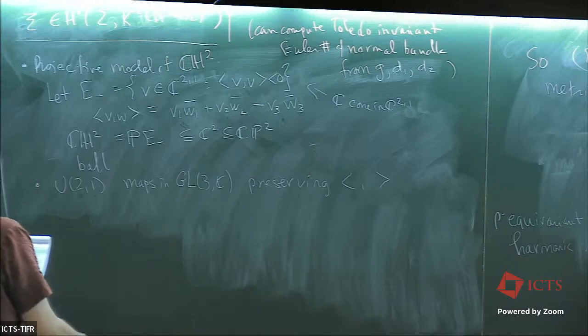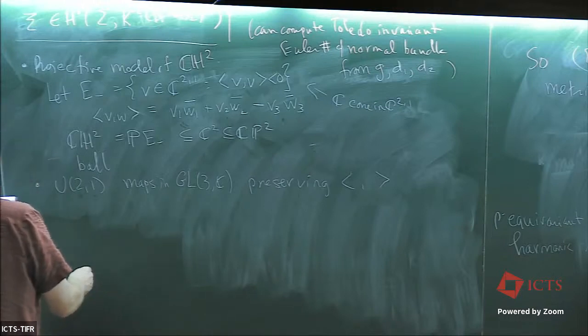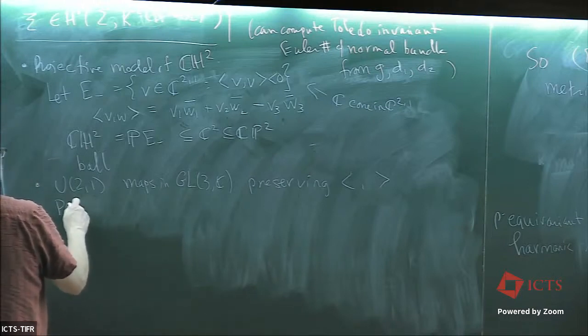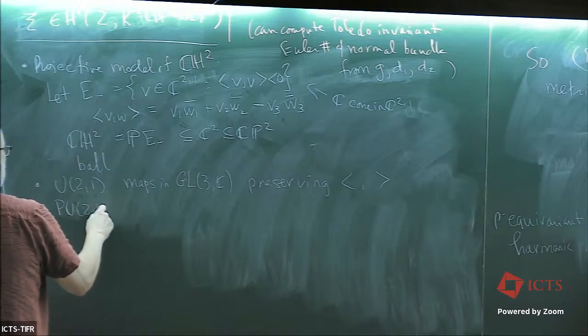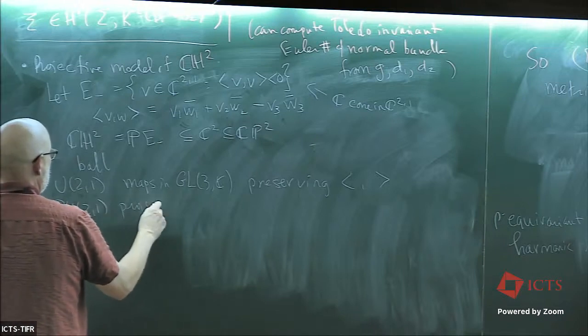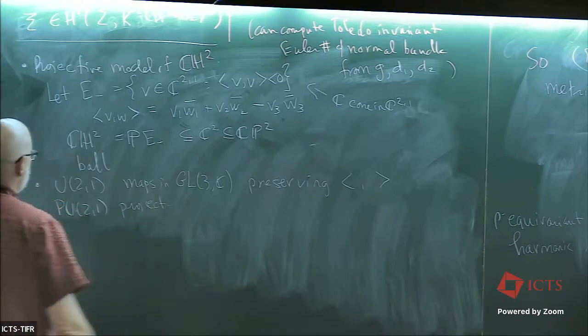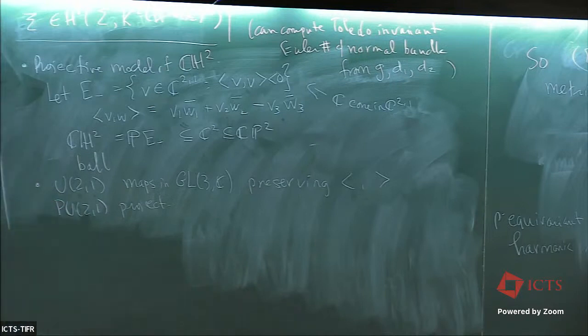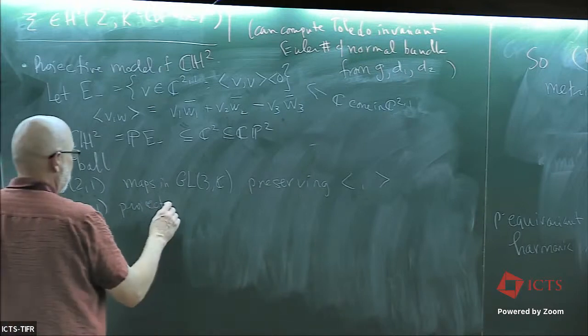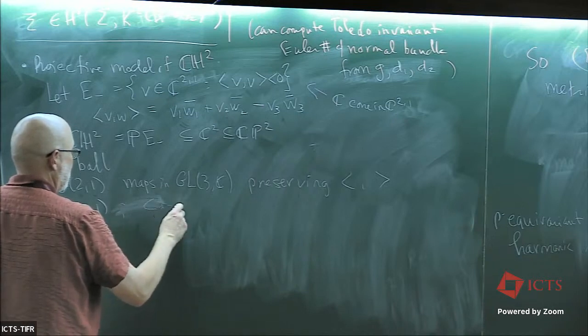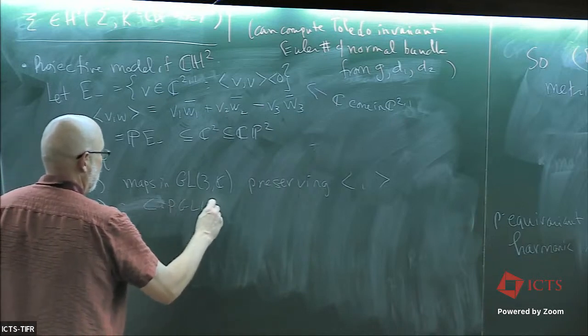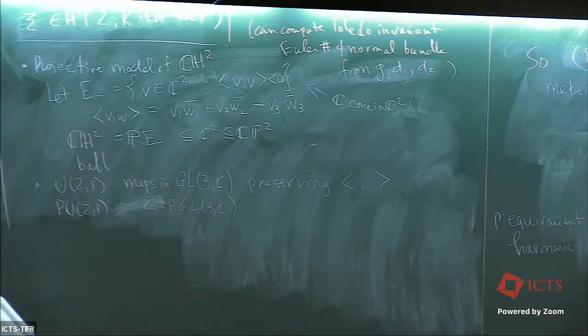Okay, and then PU(2,1), we're just going to project away from this. So this is going to be inside of, say, PGL3(C). Okay. So that's what our Lie group is.